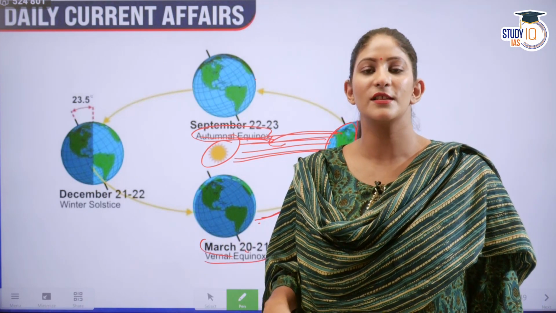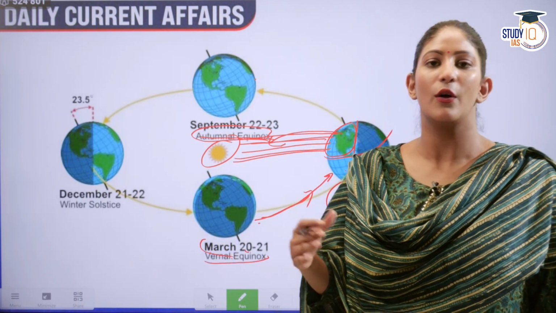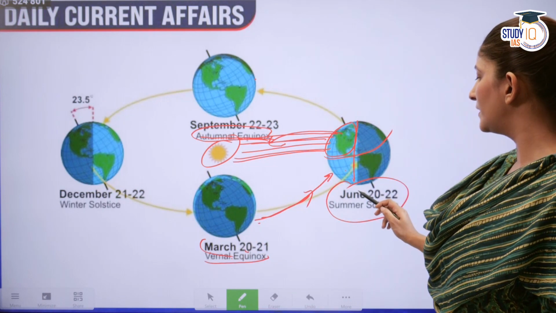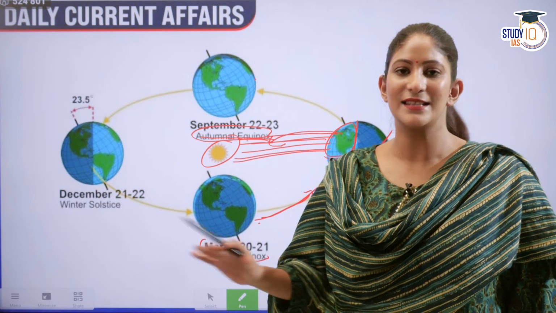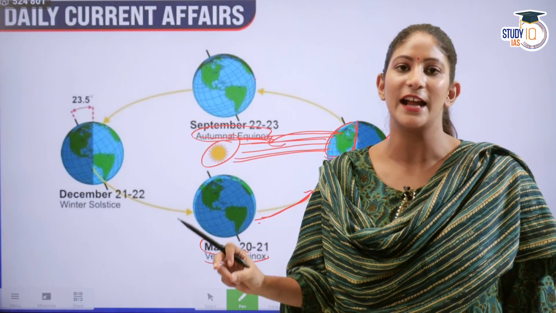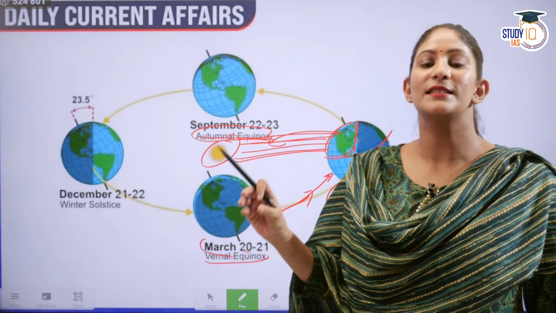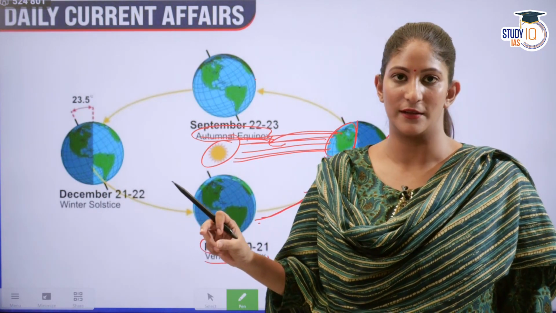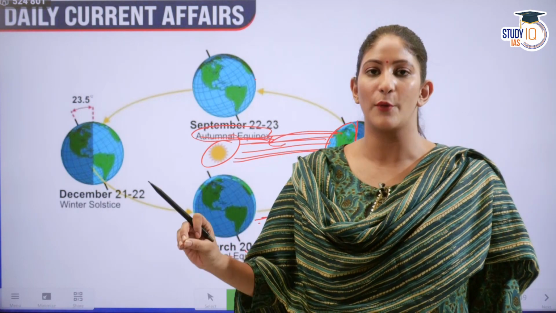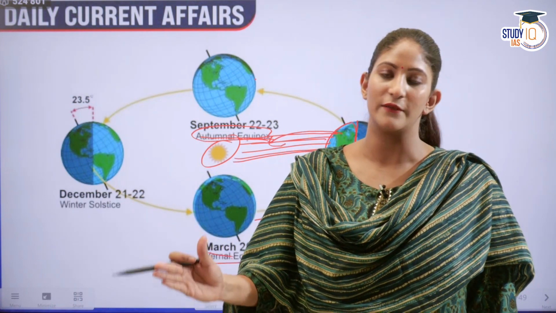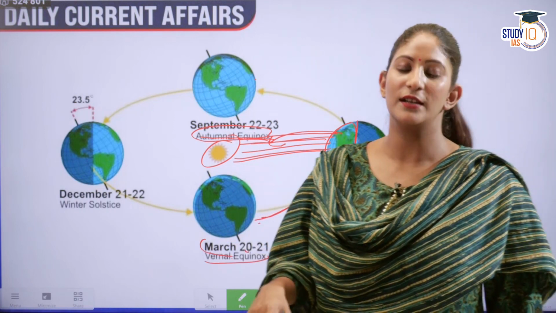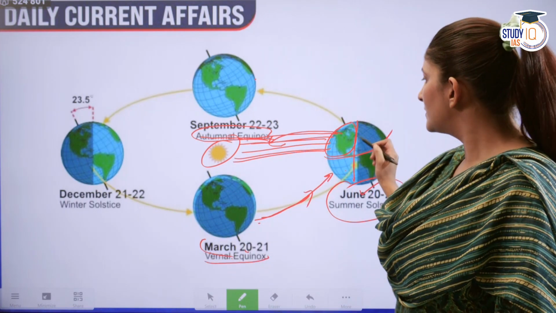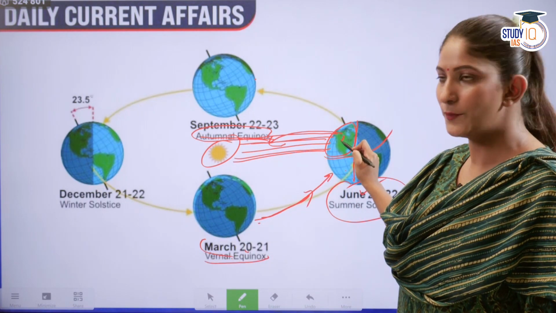And summer solstice is observed in the northern hemisphere on 20th, 21st or 22nd of June. These are the 3 days because it is the exact moment when the sun is at its highest point. So whenever that point occurs, it could be June 20, 21st or 22nd. In this year, it is June 21st. I hope you understood it.